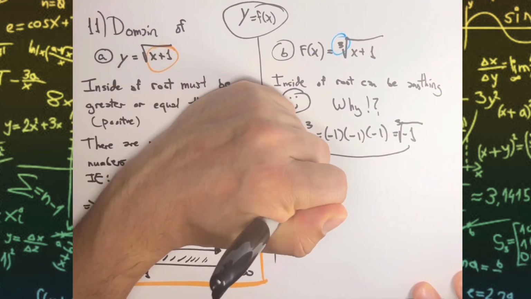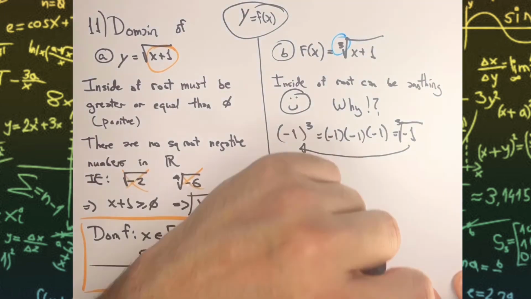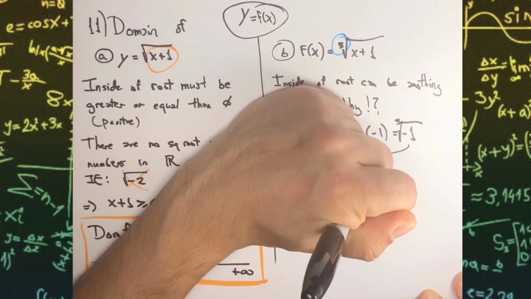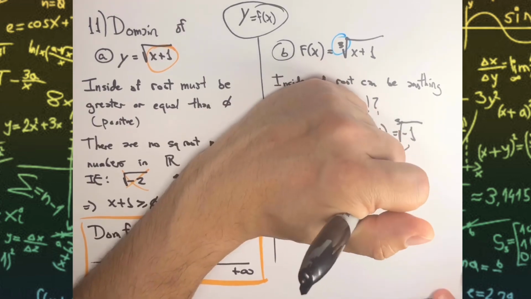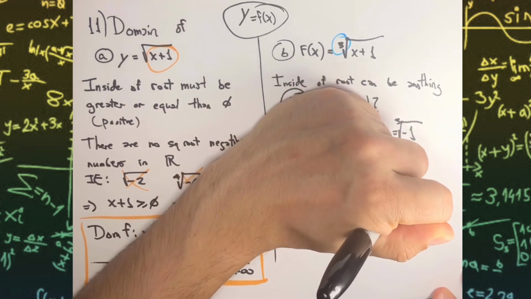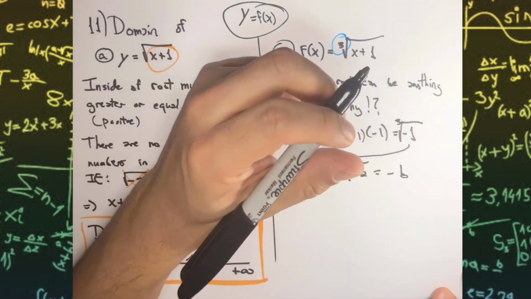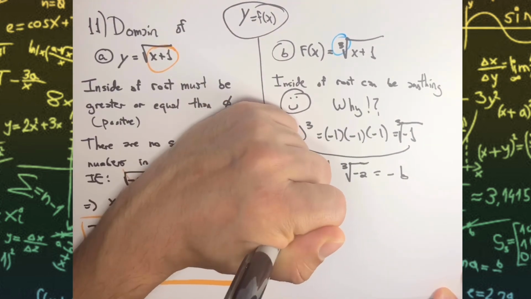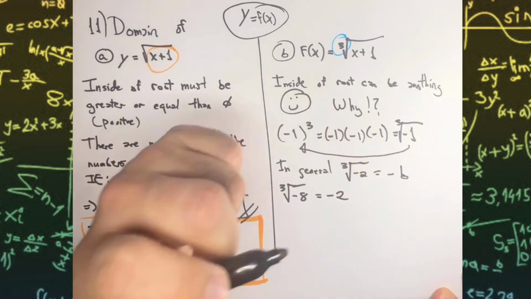So there is existence if the argument of an odd root is a negative number. Therefore, there are no restrictions in these kinds of roots. In general, the odd root of a negative number is going to be a negative number.